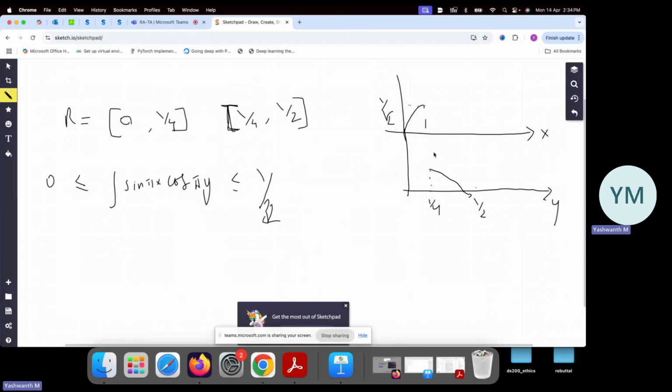And it's a product of two positive functions. It's always positive. The minimum value it can get is 0. So that is given by the right side. And the maximum value we can get is to take the max that it attains. The maximum value of this is 1 over root 2. Max of this is again 1 over root 2, times the entire area, which is nothing but 1 over 4 times 1 over 4. So this is 1 over 2. So it's true.